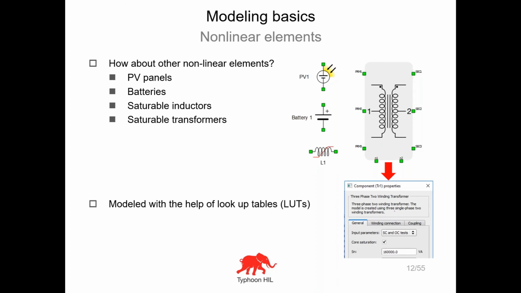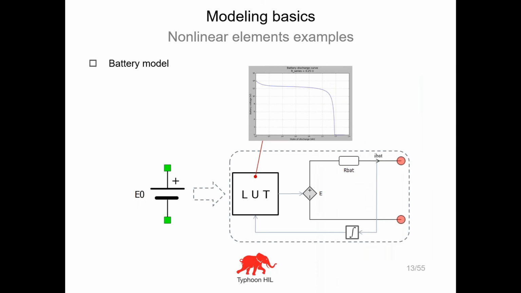These kinds of components are modeled with the help of lookup tables. As an example, we're going to talk about the battery model. The battery model is represented by its discharge curve, where the battery voltage is a nonlinear function of the battery charge.